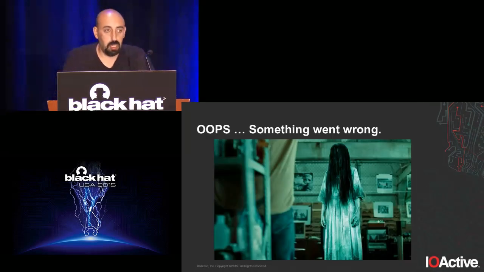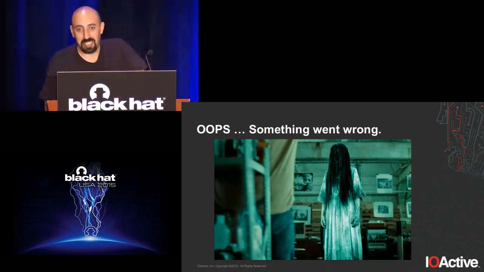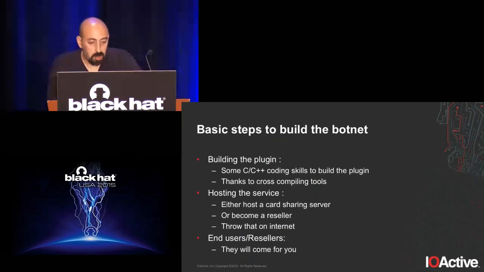So here we come to something that went really wrong. Actually, we could have people running things on those devices without any knowledge from the user, who doesn't have any idea of what's happening. So the basic steps are easy. Anyone could easily build something and promote it over the internet for free.